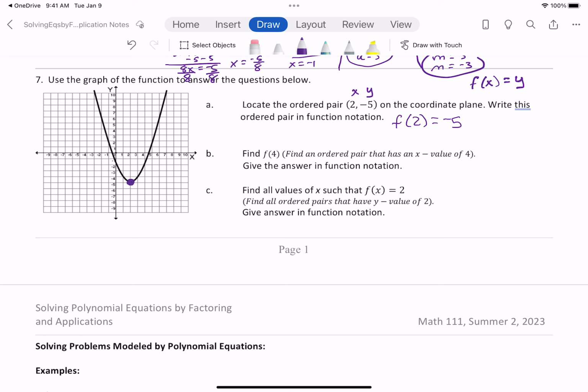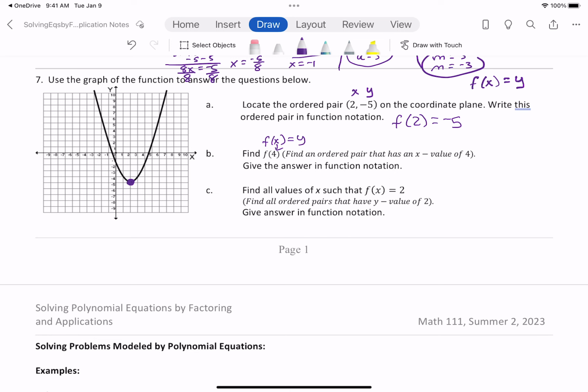For B, this problem says find f(4). So what that's really asking me is to find an ordered pair that has an x value of 4. And that's because if I look at my function notation, you see that in this problem, the 4 is in the place of the x.